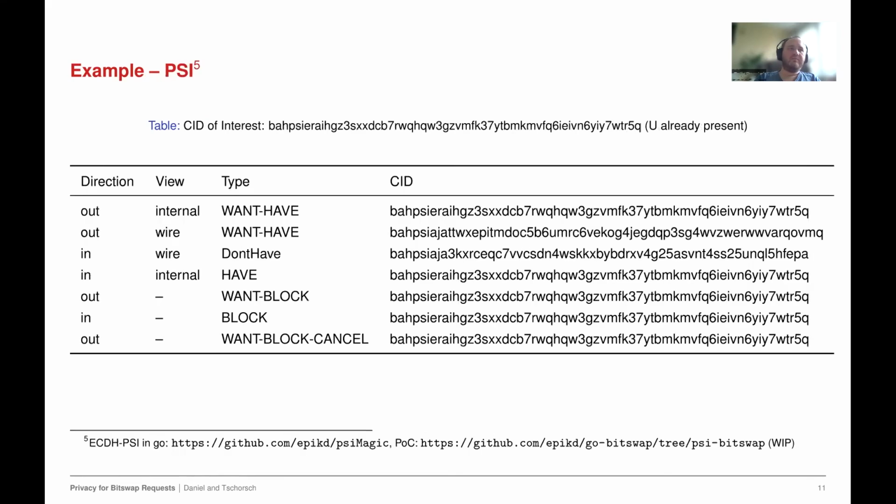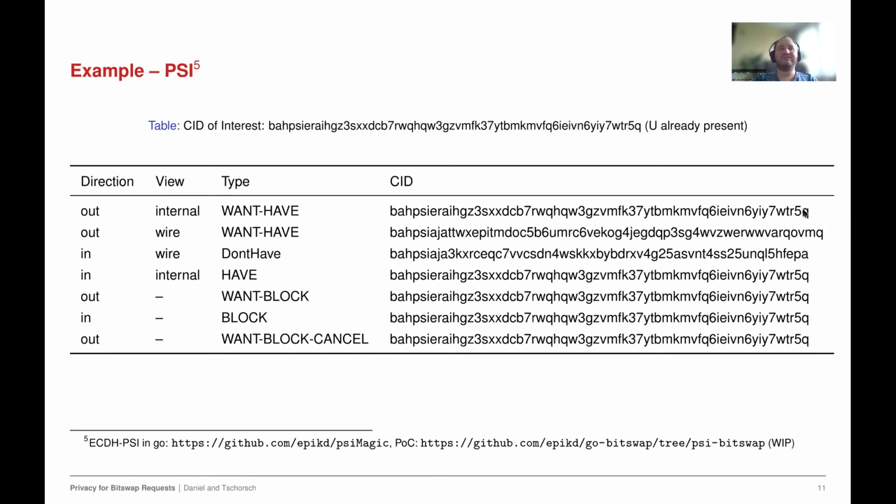Now, for PSI, this looks a little bit different. In this example, we already exchanged the Bloom filter. We received it earlier. However, what we can see here is that internally, this is a CID the client is interested in. And what he sends to the server is this CID. They're completely indistinguishable from each other.